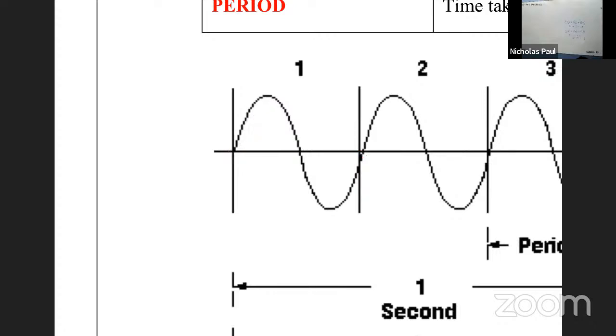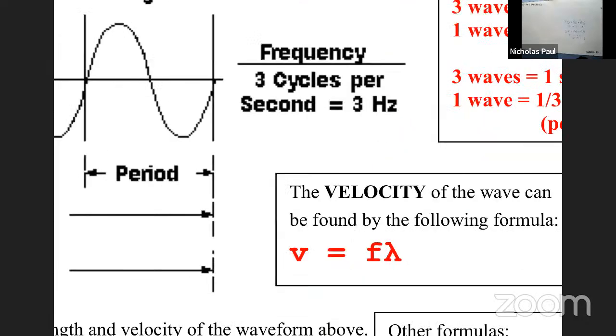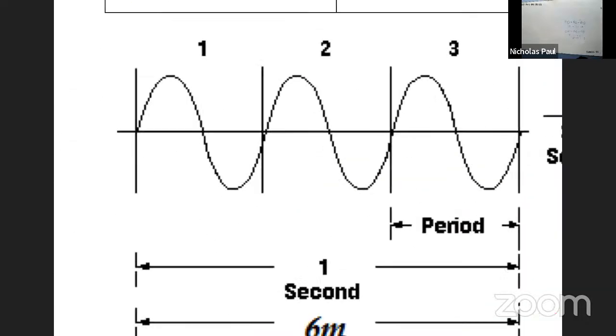Nice. So we know what is period, but what does frequency represent? Frequency represents the number of cycles in 1 second. Right? So make a note of that. Frequency. That's the number of cycles in 1 second.